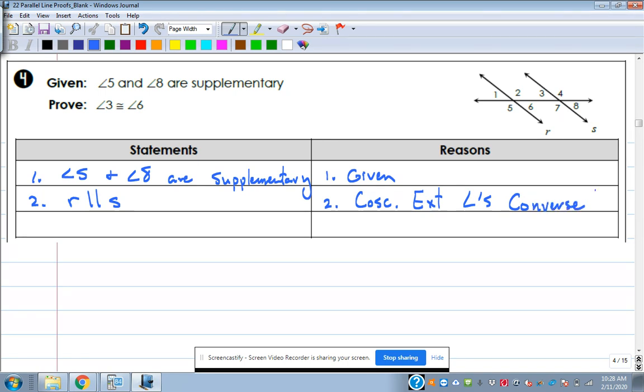That's what allows those angles to say that the lines are parallel. So if they're supplementary, consecutive exteriors are supplementary, consecutive interiors are also, but these angles are alternate interior angles. Good job.